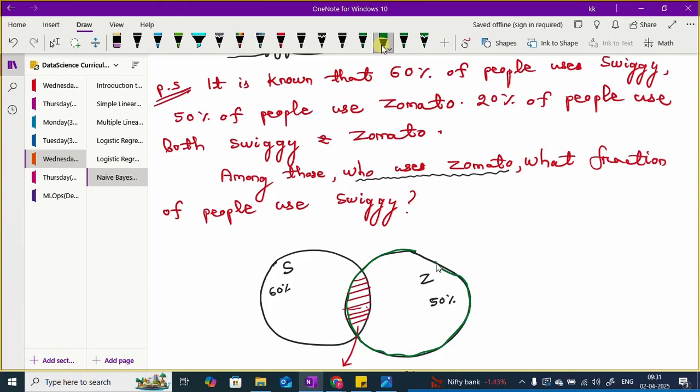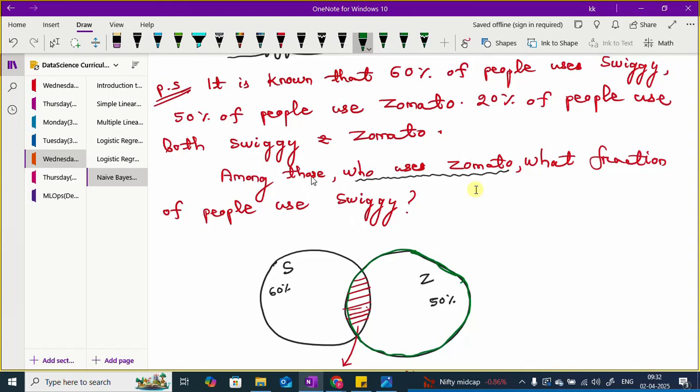Fantastic. Now, who uses Zomato means what? Whenever I'm talking about Zomato, I have to refer to this green color circle, not the black color circle. Why? Because the black color circle represents Swiggy. Are you getting my point?